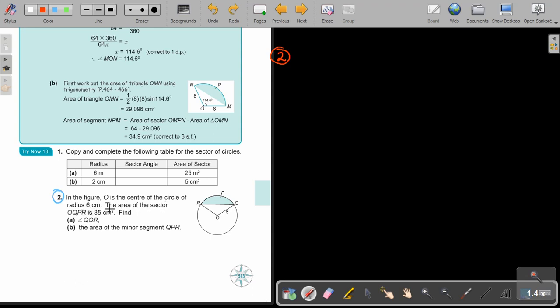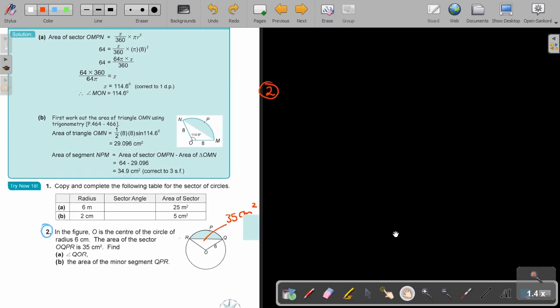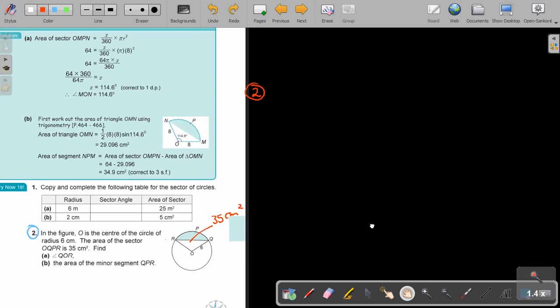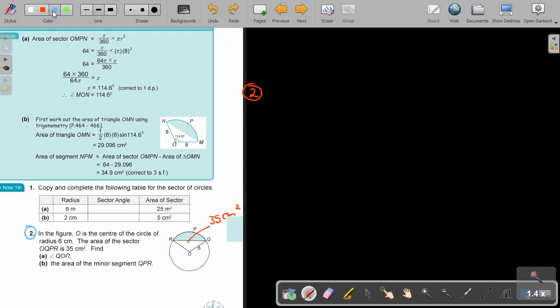The area of the sector OQPR, so it's this whole one, is 35 centimeters square. Now first find the angle. It's exactly like that one, and you can even check here. So if I'm going to start, I'm going to say, okay, let's rather put it here on top.